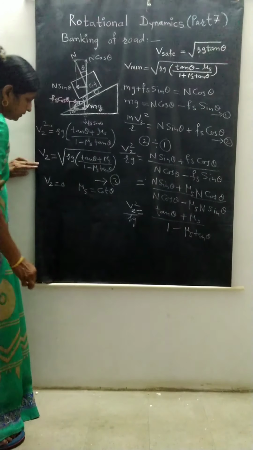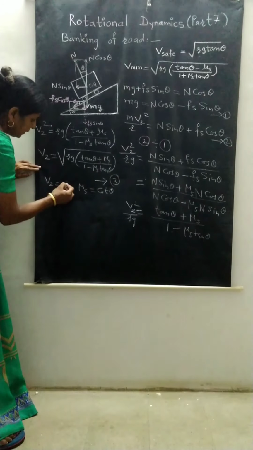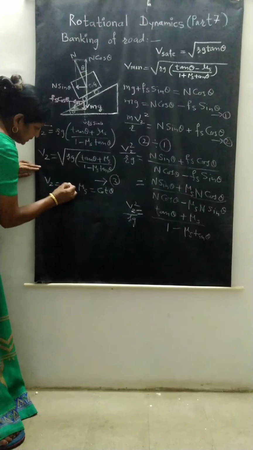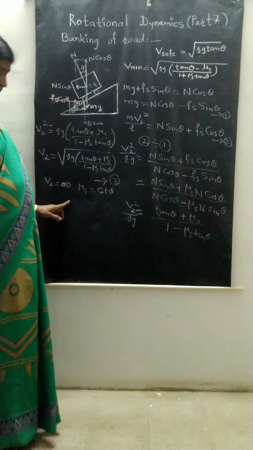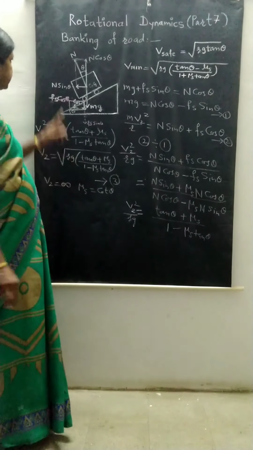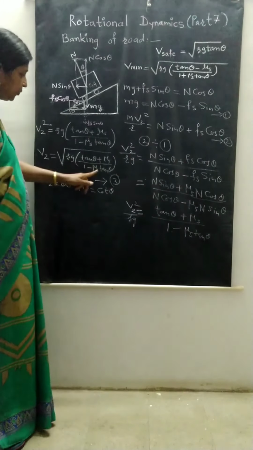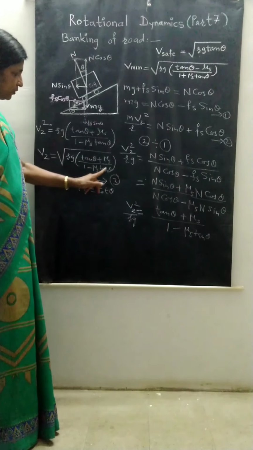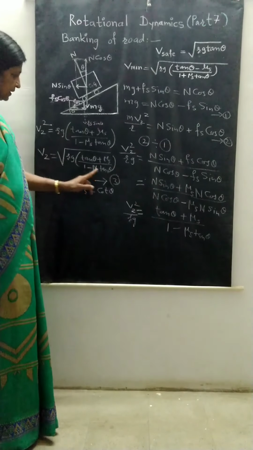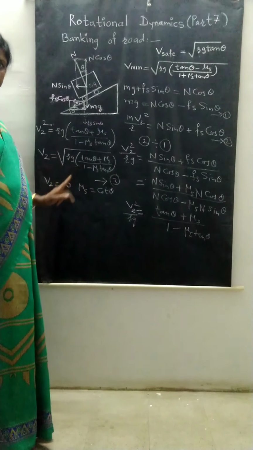V2 is equal to infinity means we can drive with any speed on this bank road if mu s becomes equal to cot theta. Cot theta into tan theta is 1, 1 minus 1 is 0, 1 upon 0 is infinity.